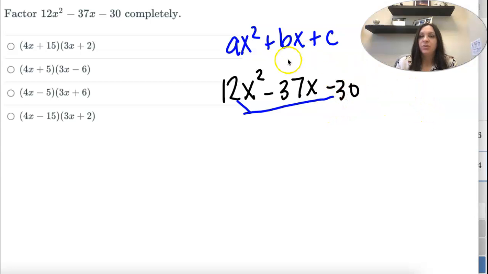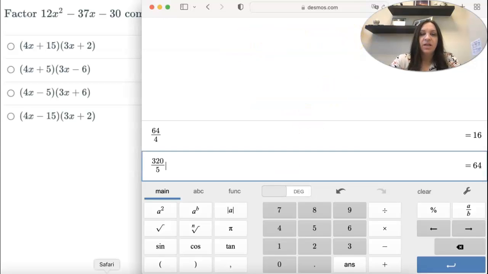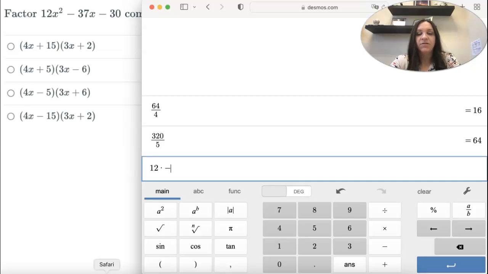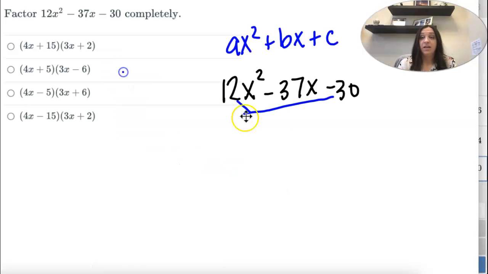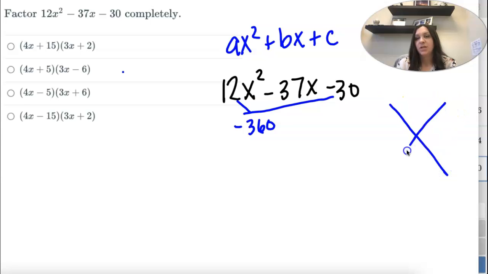So I want two numbers that multiply to a times c, so 12 times negative 30, negative 360, and add to negative 37. So I write it like this sometimes. Two numbers that multiply to negative 360 and add to negative 37.